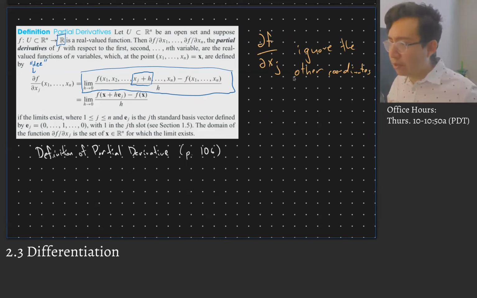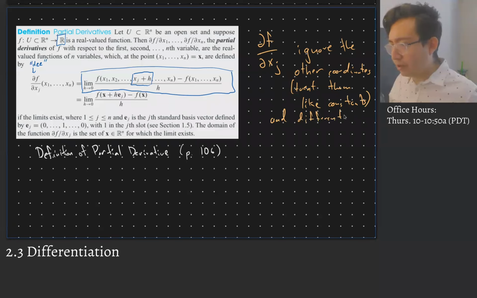In other words, treat them like constants, and differentiate with respect to x_j.